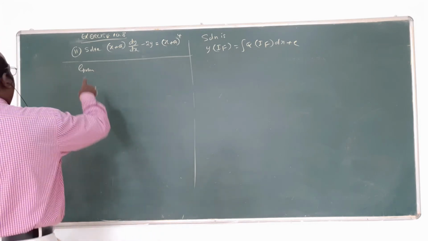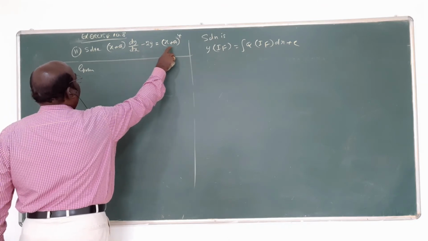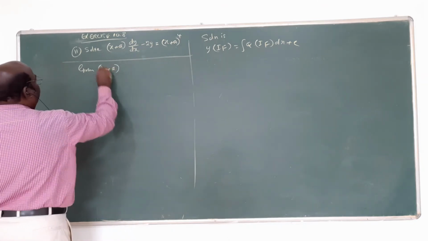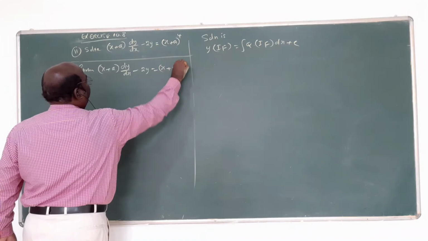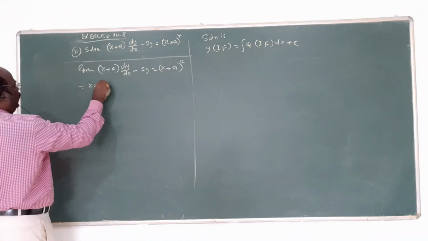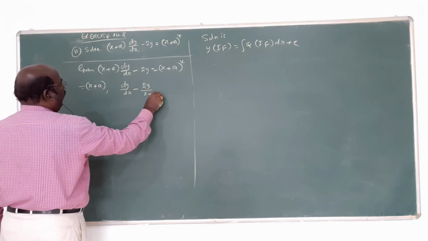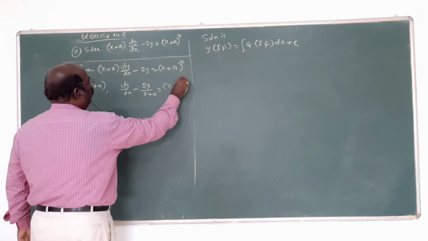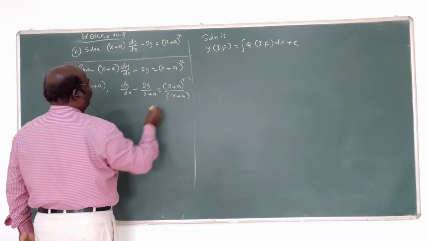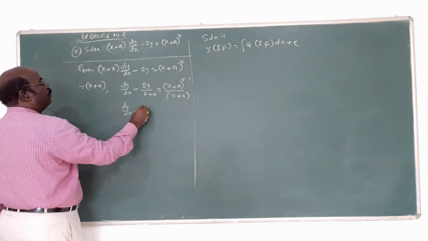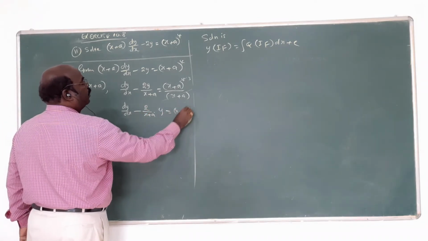Now the 11th one: solve (x + a) dy/dx - 2y = (x + a)^4. This is correct. Now divide by x + a. dy/dx - 2y/(x + a) = (x + a)^4/(x + a), so this cancels. Therefore dy/dx - (2/(x + a)) y = (x + a)^3.